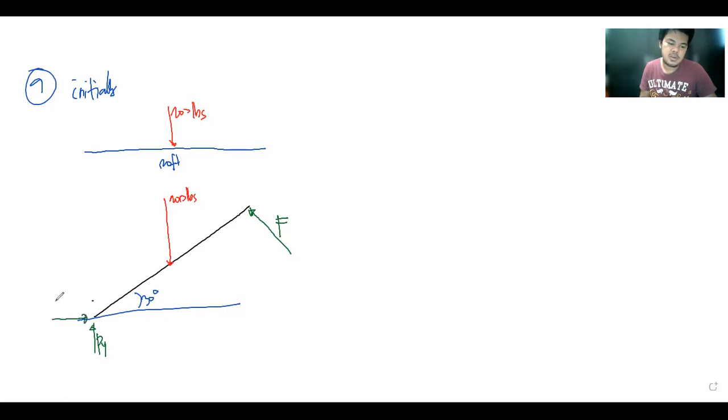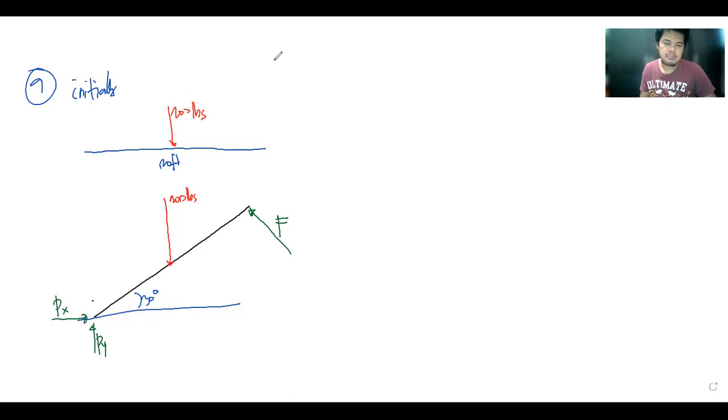We term this one Px. What the problem wants us to identify is the magnitude of force F. If you look, there are three unknown variables: F, Px, and Py.